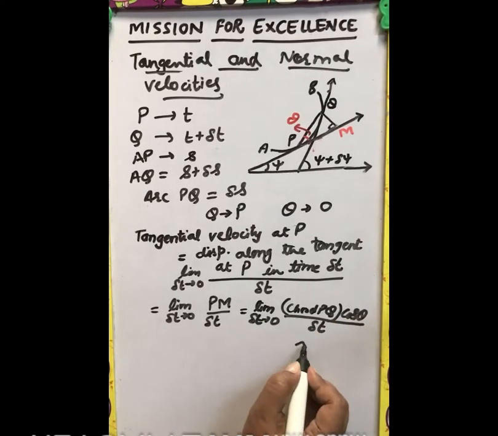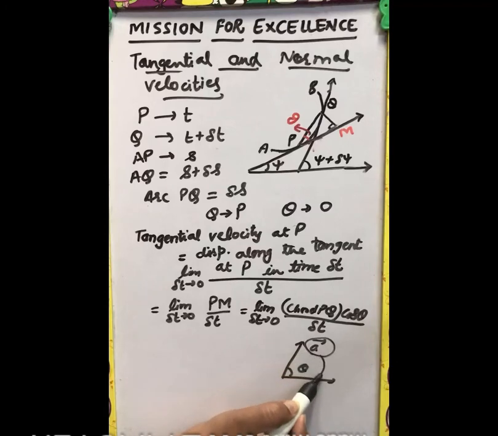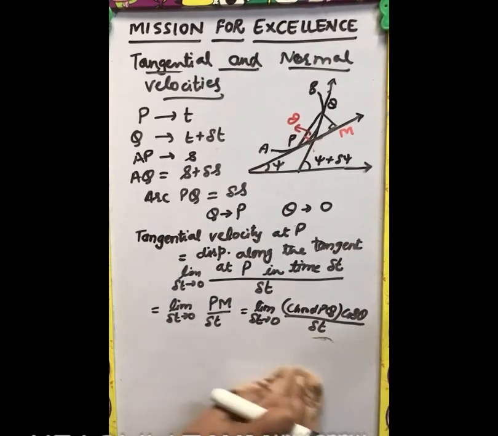Just as if we take a vector A and this angle is theta, then the component of this vector in this direction is A cos theta. In this way we take chord PQ cos theta over delta t.